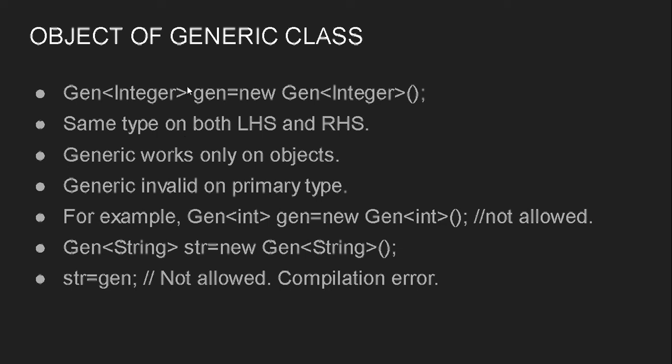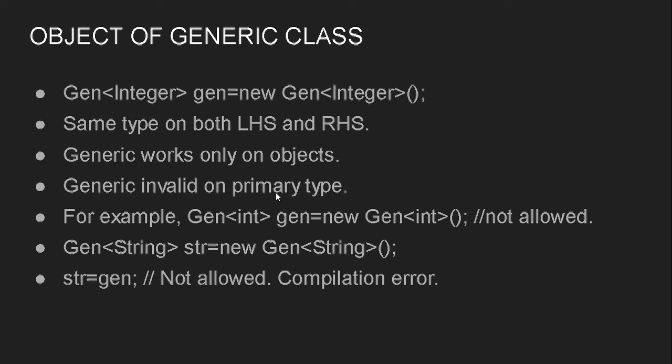So obviously gen is not going to be equal to str, it is not allowed. Because str has the type parameter String and gen has the type parameter Integer, both of them cannot be equal to each other. So this thing is not allowed. However, if I replace this Integer with String, both on the left hand side and right hand side, then in that case it will be valid.